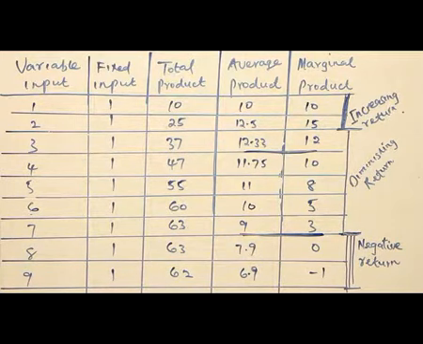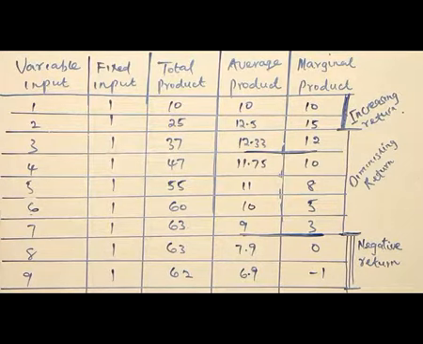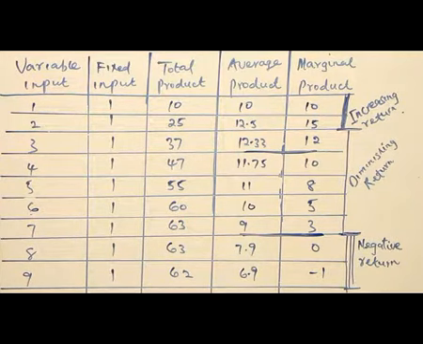At the beginning of every firm's operation, they will always have increasing marginal return in terms of their products because they have not used the maximum capacity of the fixed input. So in that case, the firm will experience what we call increasing return.